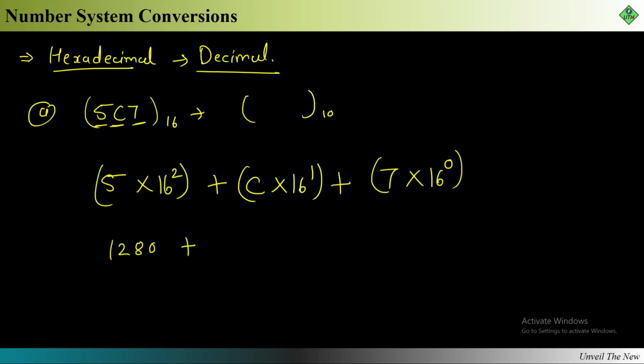Now what is C? C comes after A and B. A represents 10, B represents 11, so C represents 12. So 12 into 16 will be 192, and 7 into 16 raised to 0 will be 7. Finally, if you add all of them, 1280 plus 192 plus 7 will be 1479.